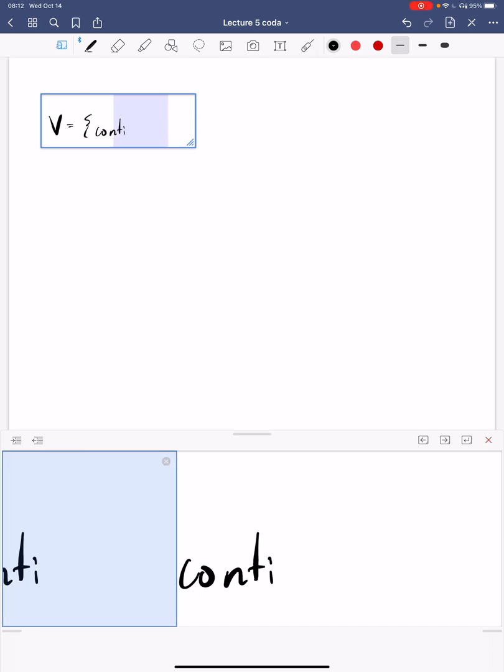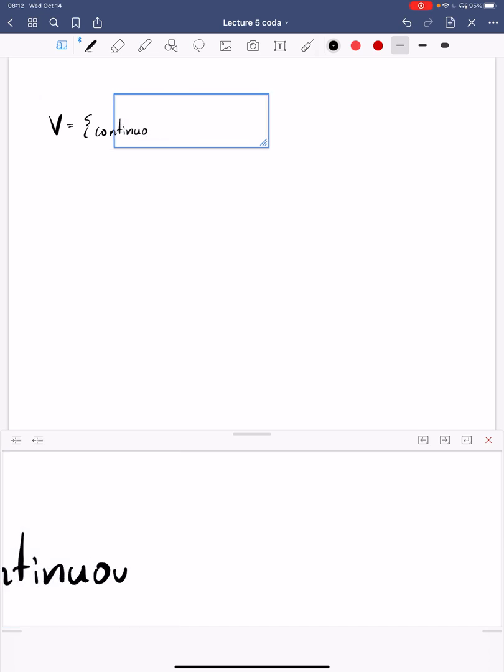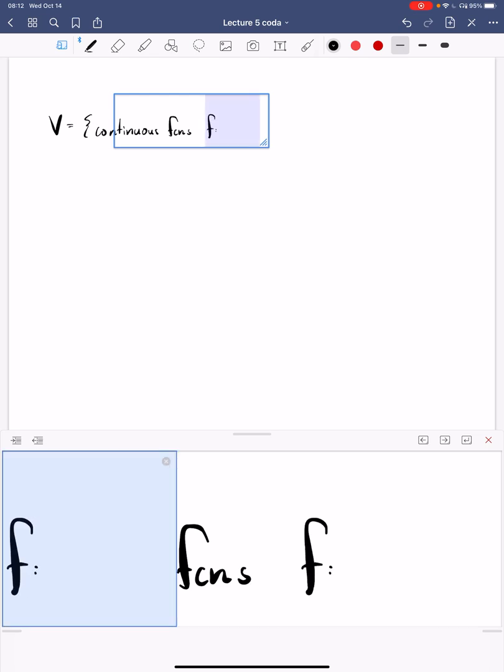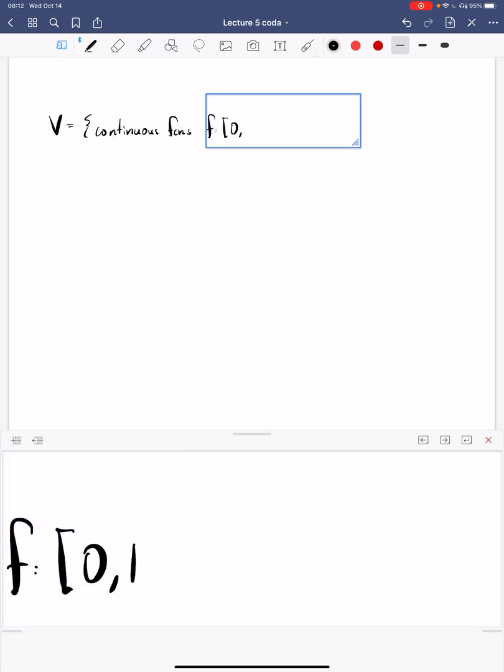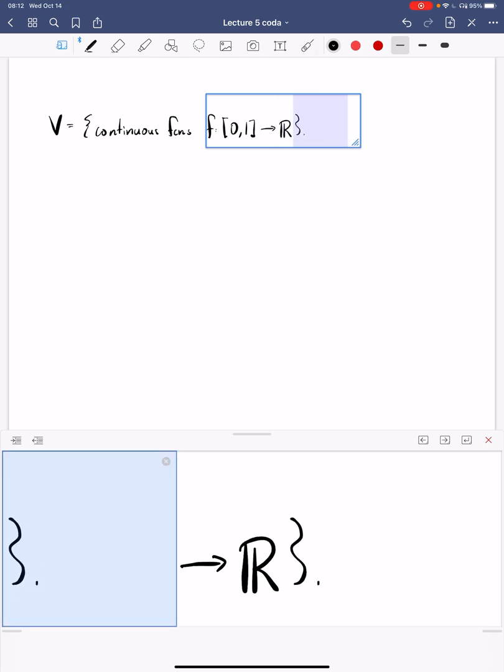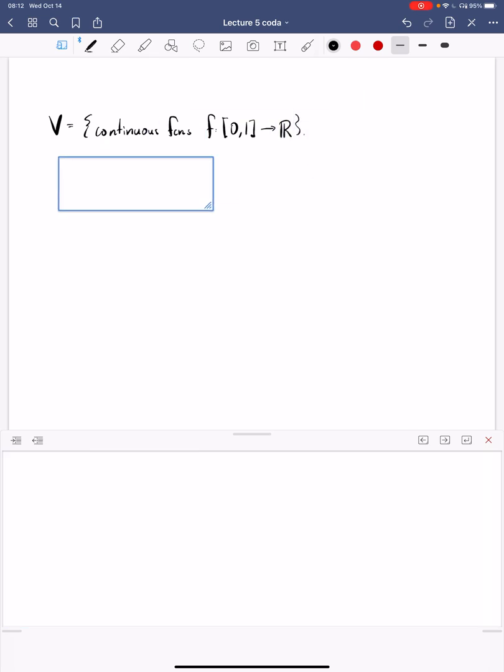Let's take another example. Let's say that V is the vector space of continuous functions f from the unit interval 0, 1 into the real numbers. That's a perfectly valid vector space.